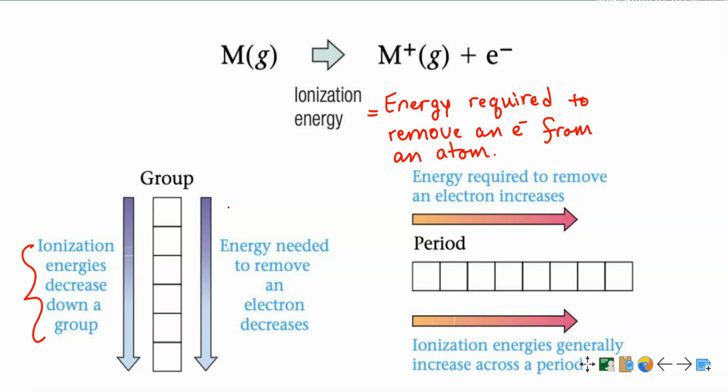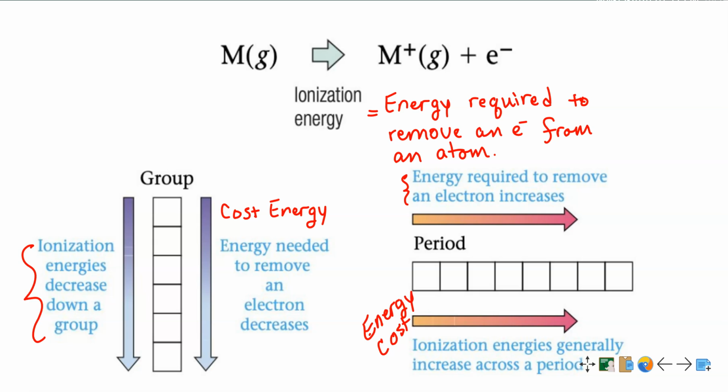It costs less energy to remove an electron, whereas when we go across a period, the energy required to remove an electron increases. So the energy cost goes up as we go left to right.